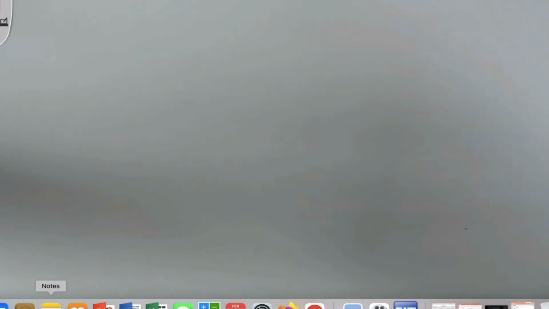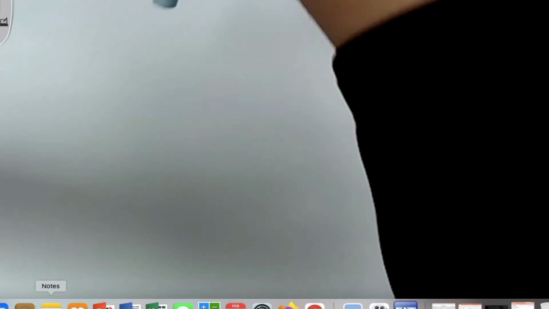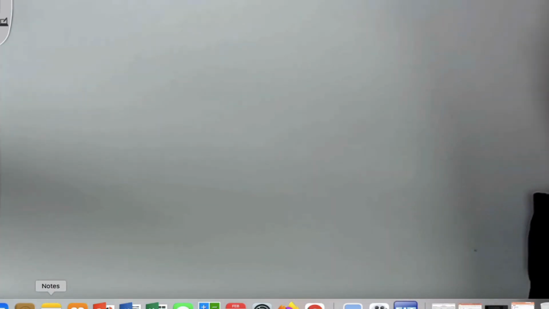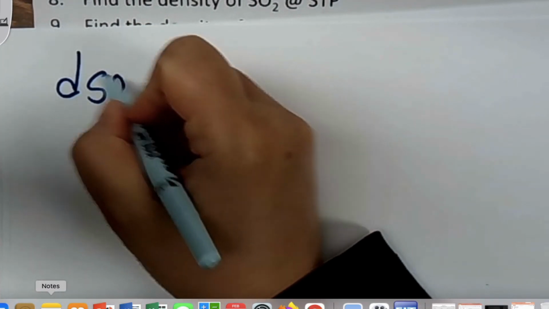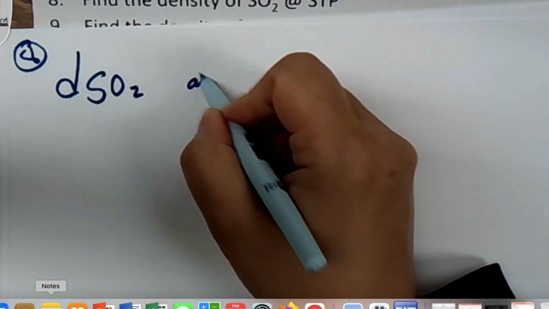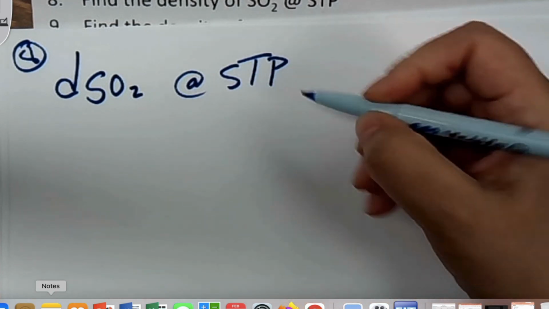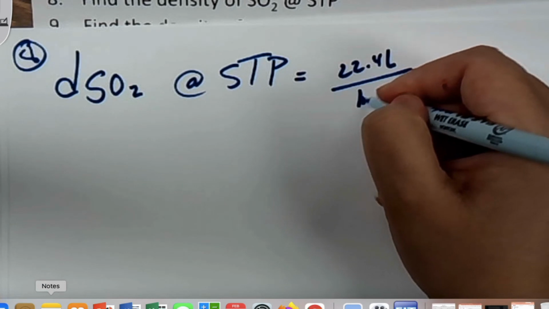That's number 5. For number 8, we want to find the density of SO2. This is number 8, SO2 at STP. Now STP is 22.4 liters per 1 mole.